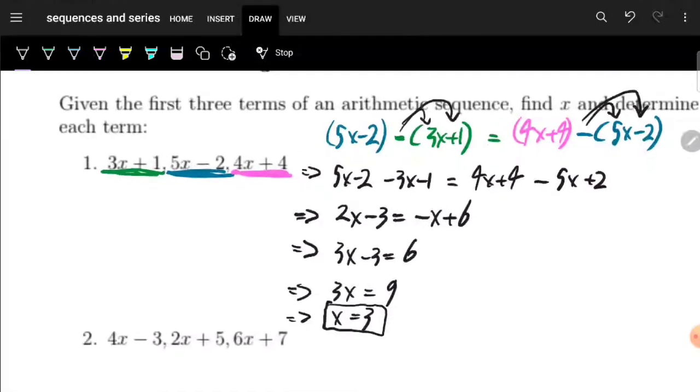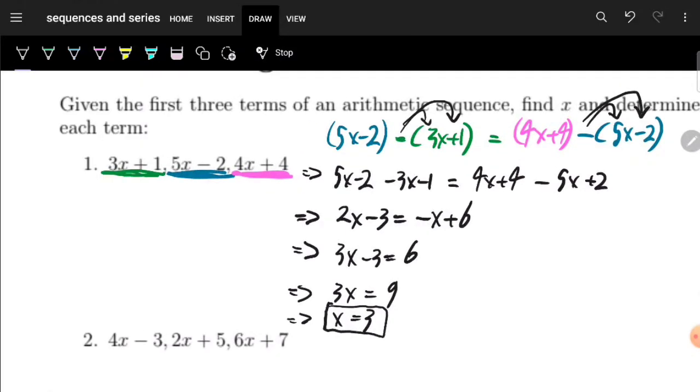So x is equal to 3, and so let's calculate the actual terms. Let's plug in 3. So if we plug in 3 here, we get 3 times 3 plus 1. 3 times 3 is 9 plus 1 is 10. So that's our first term. That's this, I should do that in green. So 3 times 3 plus 1 gives us 10.